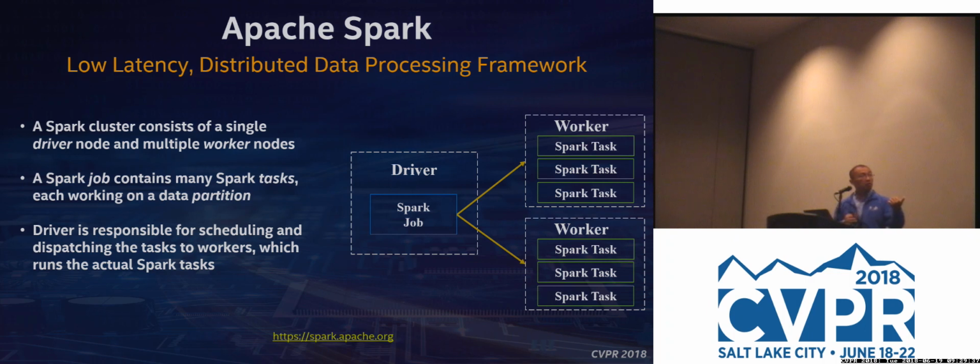The driver node is responsible for scheduling and dispatching the tasks to the workers, and the workers run the actual Spark tasks. So as you can see here, on the driver node, you write a program which launches the Spark job. And the Spark job consists of many different tasks. And the driver node is responsible for scheduling and dispatching tasks to the workers, which run the actual compute.